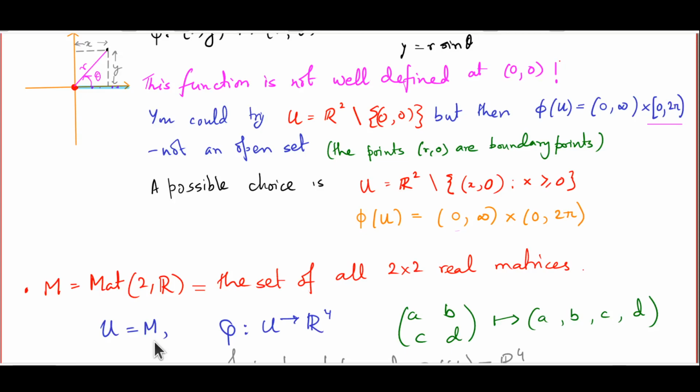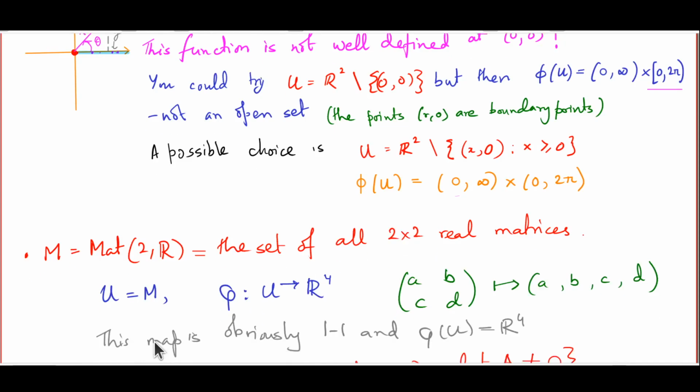And the map phi should be nothing but U goes to R4, where the matrix A, B, C, D just gets mapped onto the 4 numbers A, B, C and D. In other words, you just take the elements of the matrix and put them as a row vector or a column vector, as you might want to represent points of R4. Now, this map is obviously one to one, and phi of U, in this case, is obviously all of R4.